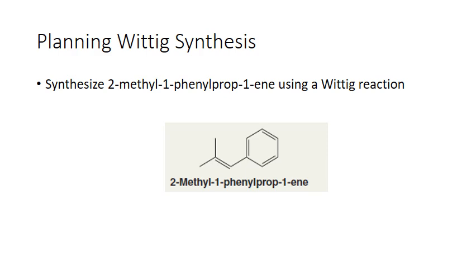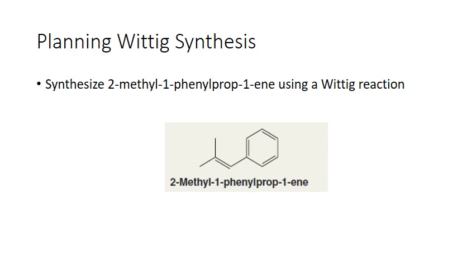Planning a Wittig synthesis. We can illustrate this process by the following example. First, we examine the structure of the desired alkene and pay attention to the groups on both sides of the double bond.